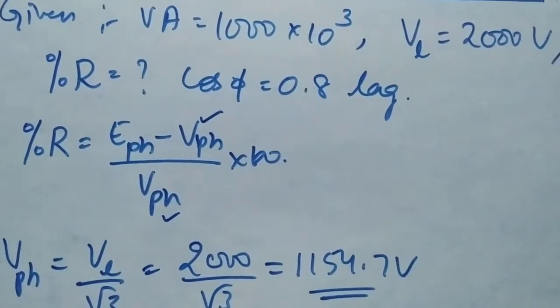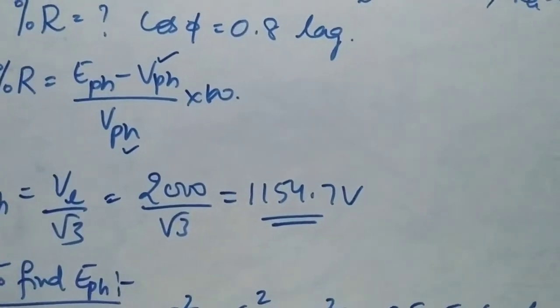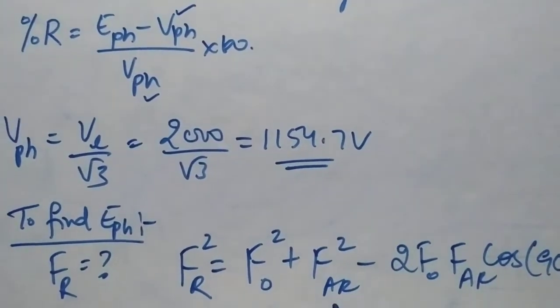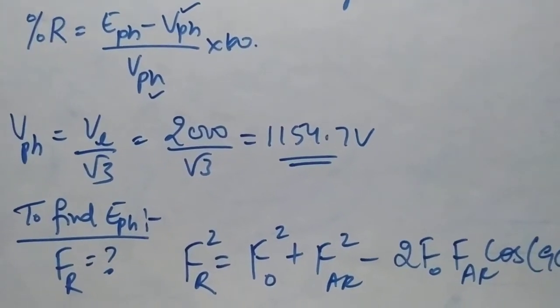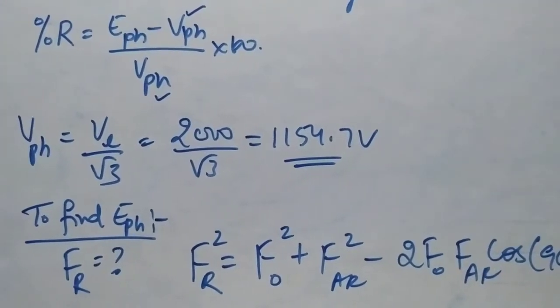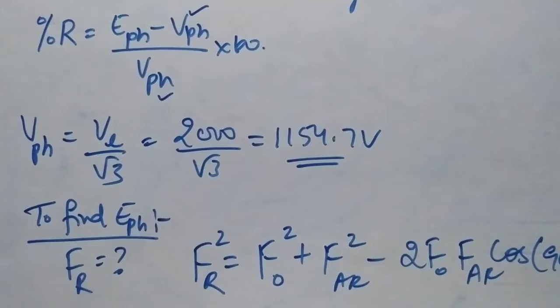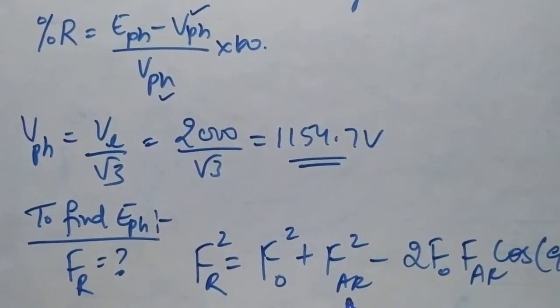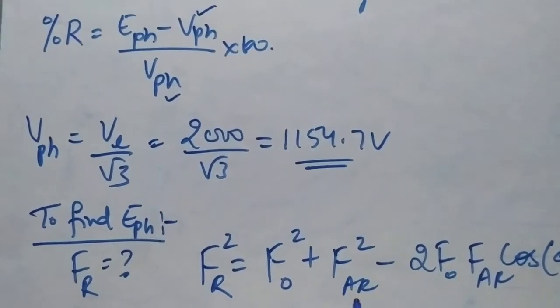So that leads to 36.86 degree. Now let us solve to get the FAR. That is nothing but it will be a short circuit current. So for that short circuit current we have to find out what is the field current which corresponds to the value of the short circuit current.